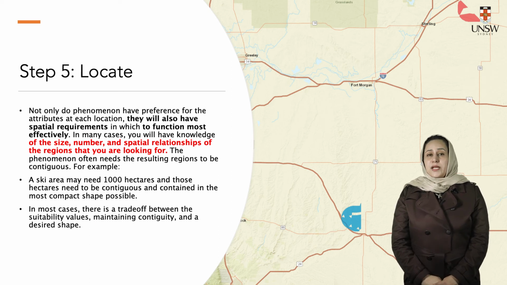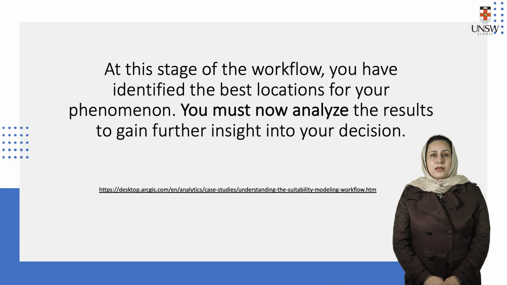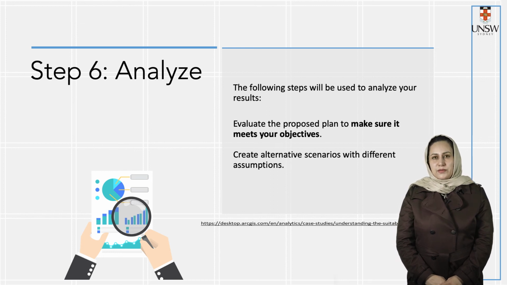Good to know that a circle and a square are the most compact two-dimensional shapes in a geographic context. As discussed, the last step is to analyze the results before making the final decision. In the analysis step, we need to see whether the best location we found meets the objectives of our project.